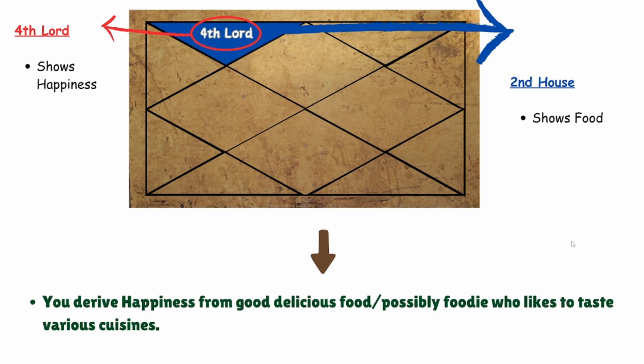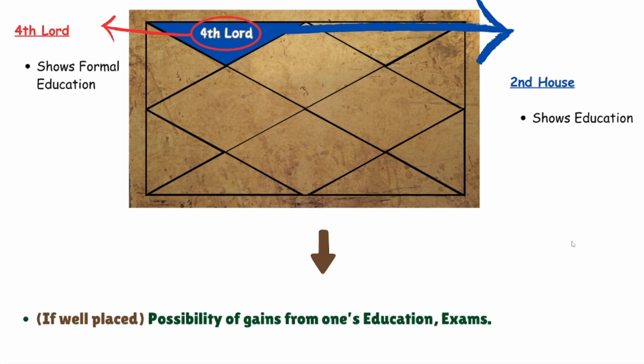Along with that, you also like your own traditional food, the food which comes from the past ancestral lineage of your culture, of your religion, that is also something which you like.